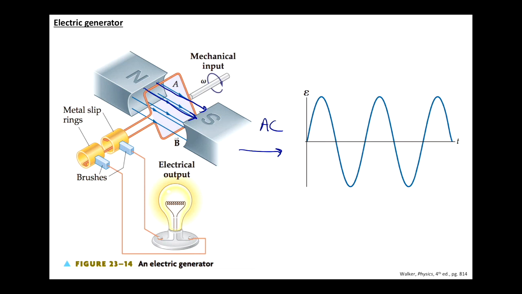Let's say that this is rotating at a constant angular velocity, and let's use Faraday's law. Let's use the whole form with the negative sign, and we'll change that to BA cosine theta.